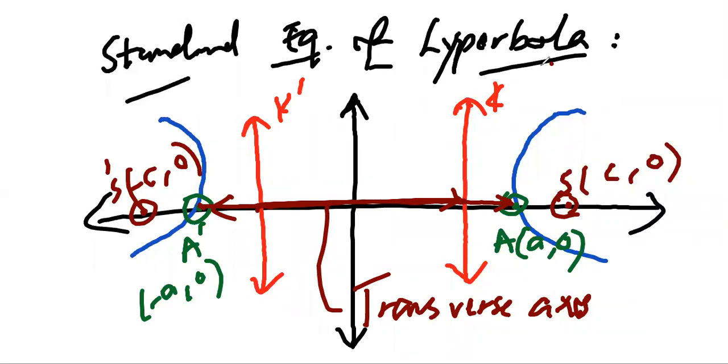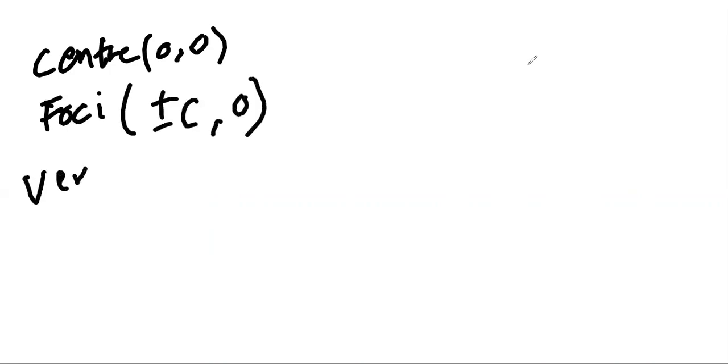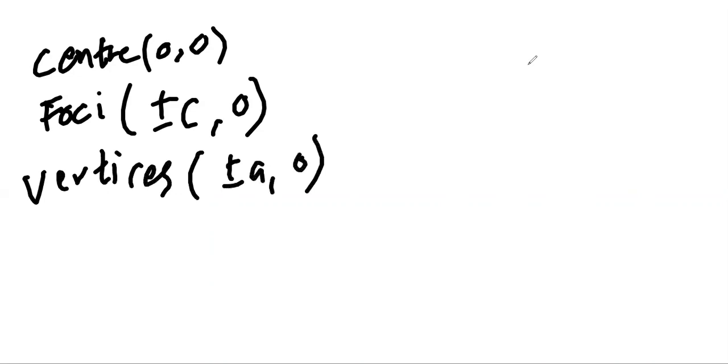Now I am writing the points. The center is 0 comma 0. Foci is plus minus c comma 0. Vertices are plus minus a comma 0. That's what I plotted in the diagram.